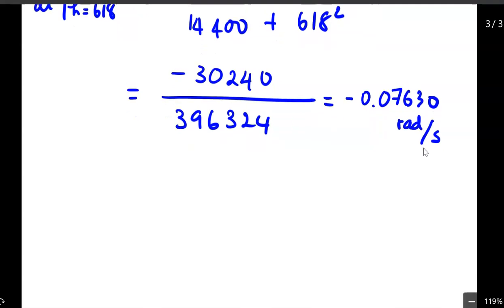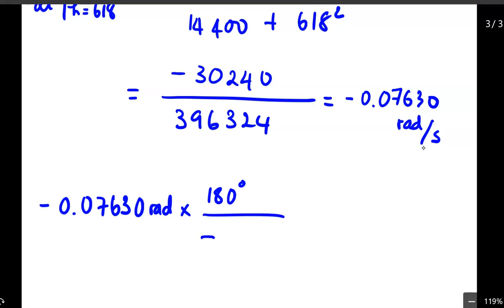Then what I need to do now is to convert this into degree per second, according to the question that's asked me to work with. So 0.0763 radian. To convert from radian to degree, I need to multiply by 180 divided by pi radian.